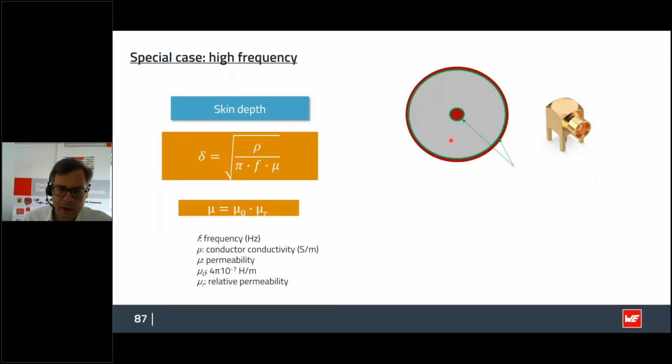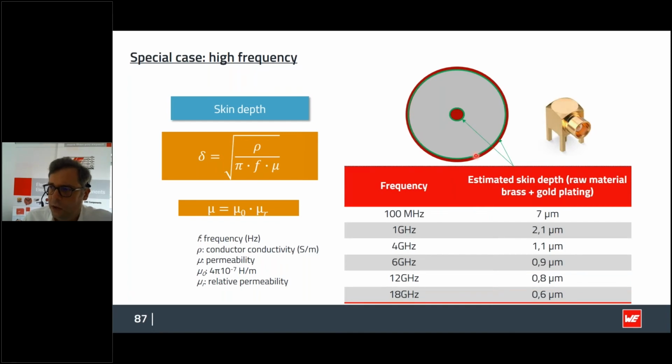And the reason for that, sorry for skipping that slide before, is the skin effect. Skin effect means that, depending on the frequency you apply, the electromagnetic wave only goes to the surface of the material itself. And for 18 gigahertz, for example, the electromagnetic wave has a depth of 0.6 micrometer into the surface of the material.